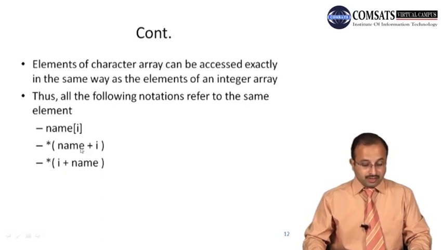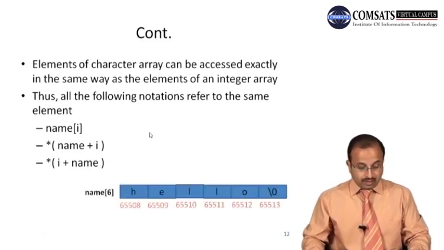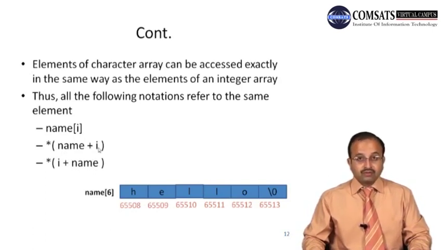That is the same as static name plus I. So if the value of I is, let's say, 2, name[2] will be 0 1 2, that is L. In the second case, let's say I is 2, name[2] is L, and static name plus 2 gives you, so name is 65508, you are adding 2 to it, so 65508 becomes 65510.